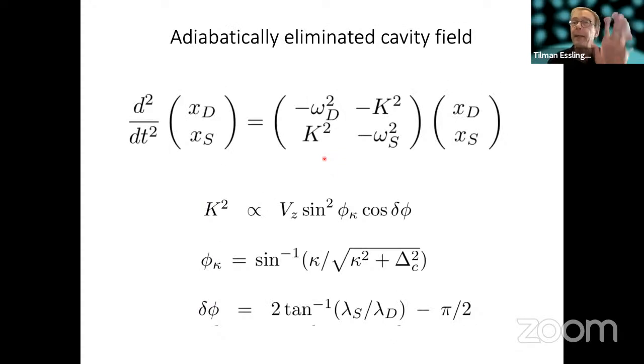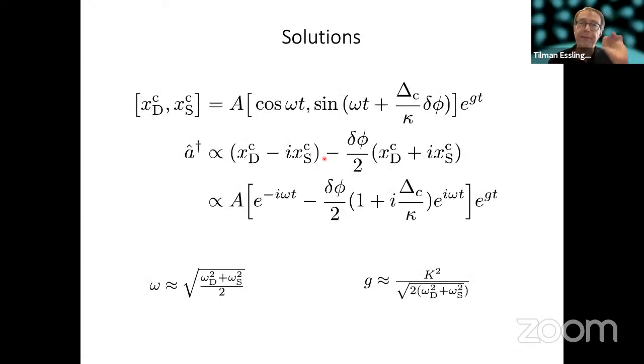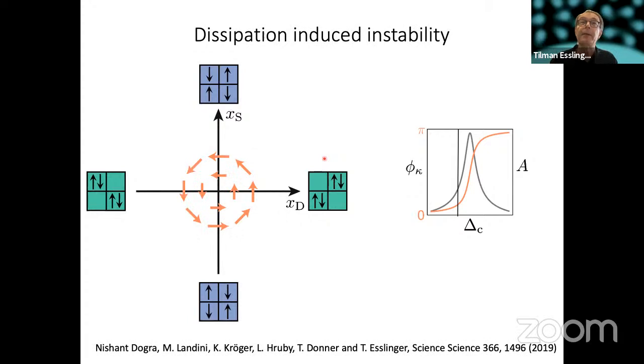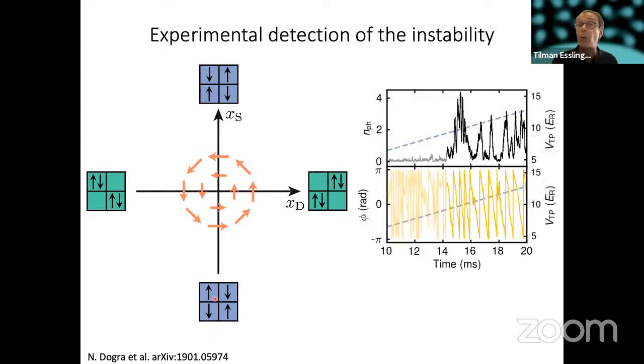You can adiabatically eliminate the phase and solve, and you get a regime where your system is driven in time from the density mode to the spin mode to the density mode to the spin mode, and so forth. And that's what we had also observed.